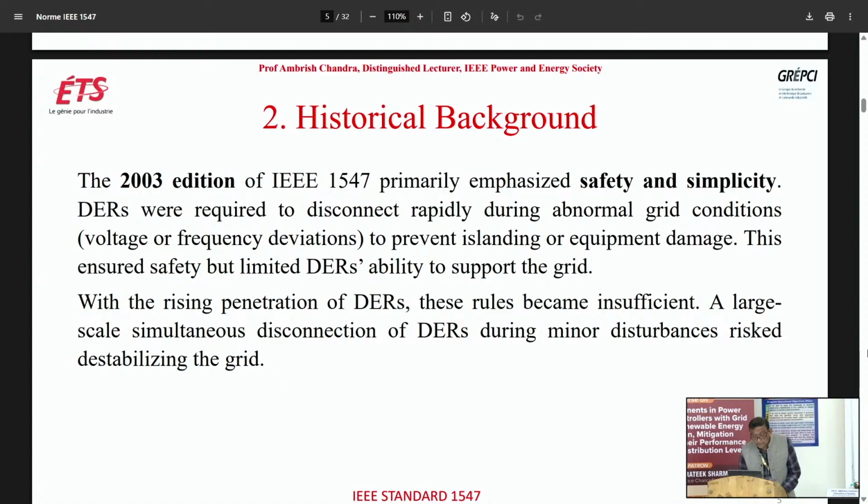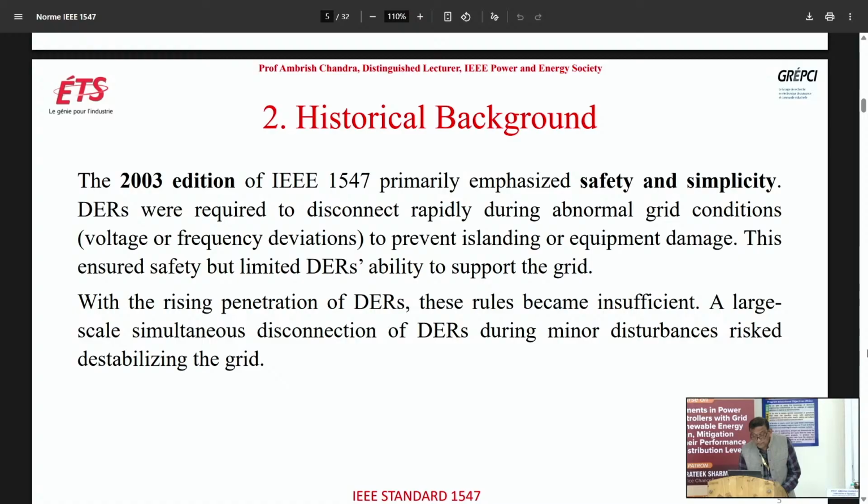DRs must remain connected during short-term disturbances, right through. Inverters must provide voltage and frequency regulation instead of immediate disconnection. Communication and interoperability were made mandatory to enable coordination control with utilities.